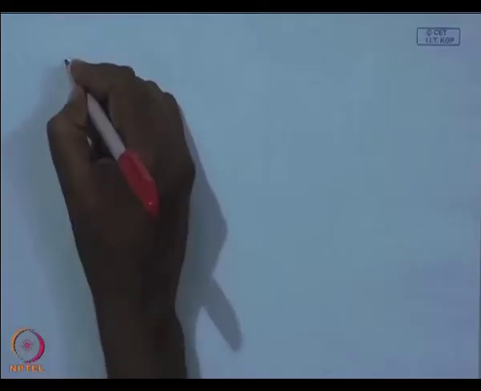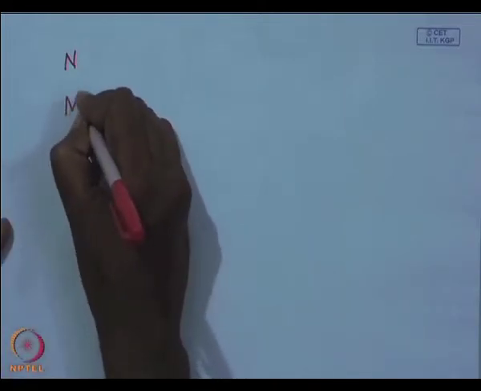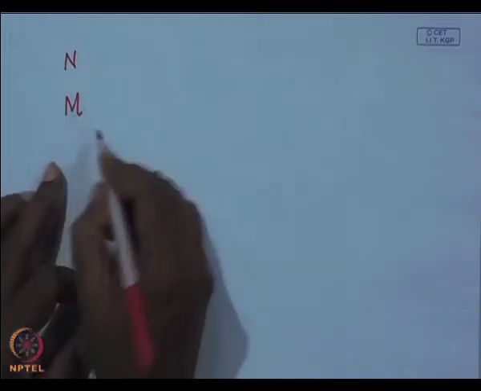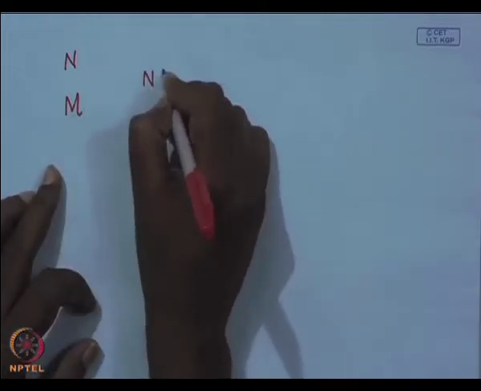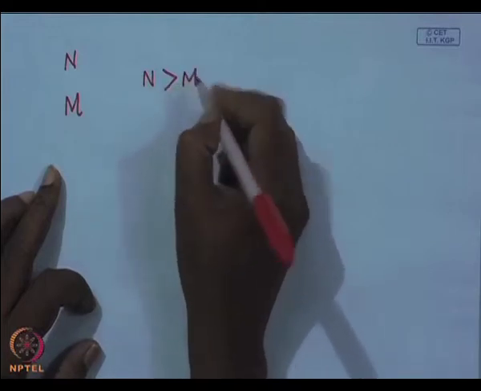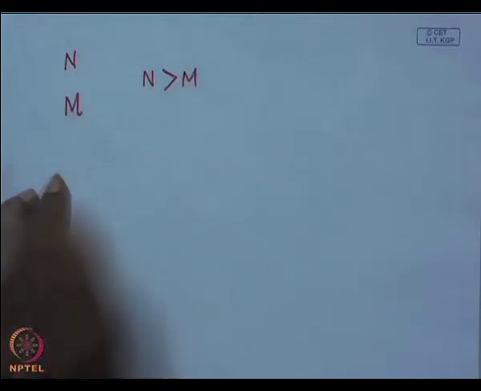So, if I have m nodes in the hidden layer and n feature vectors given for training, obviously n has to be greater than m. Otherwise, clustering n feature vectors into m clusters does not make any sense.